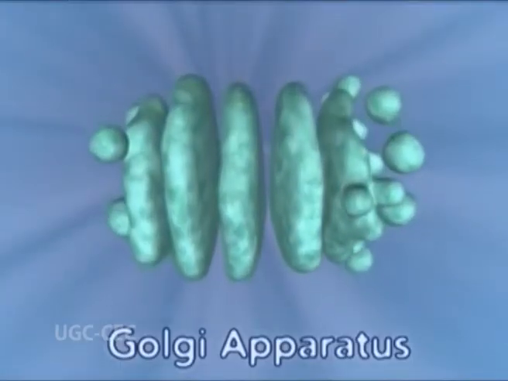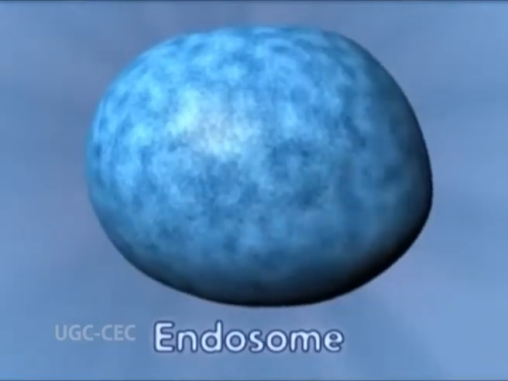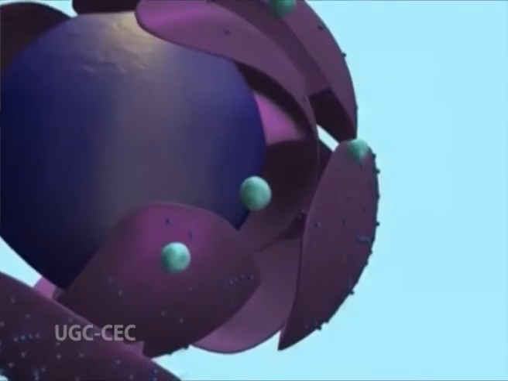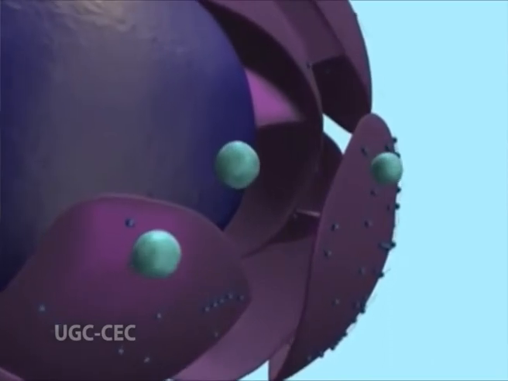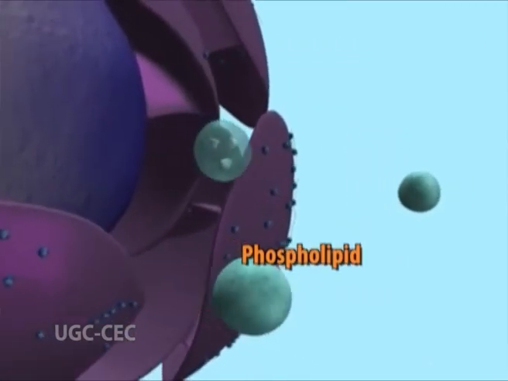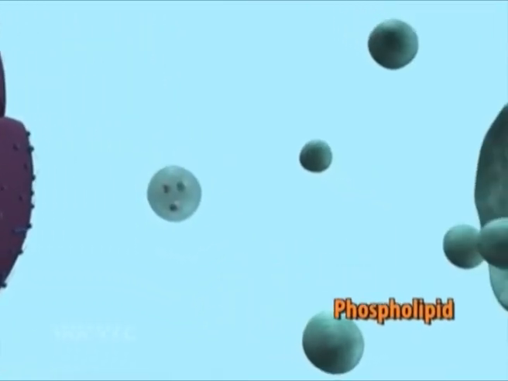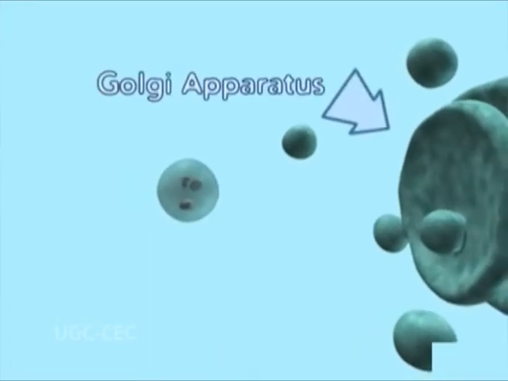The plasma membrane and the membranes of the Golgi complex, lysosomes and endosomes all form part of a membrane system that communicates with the ER by means of transport vesicles that transport both proteins and lipids.